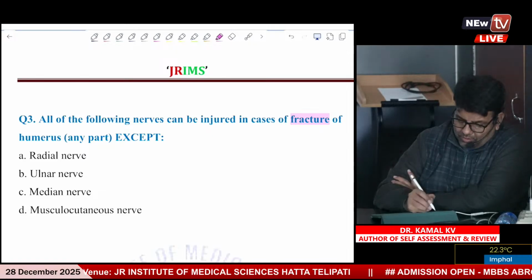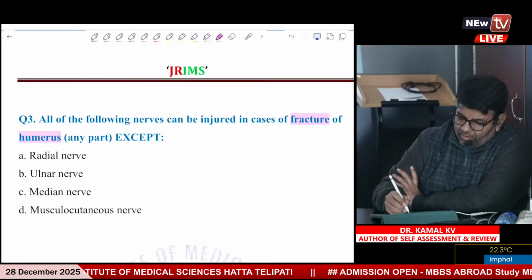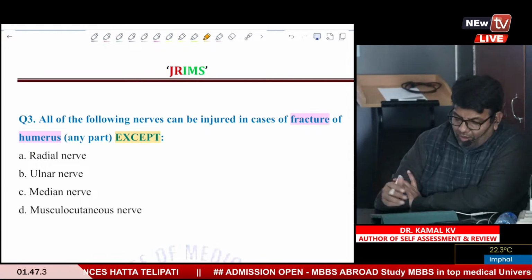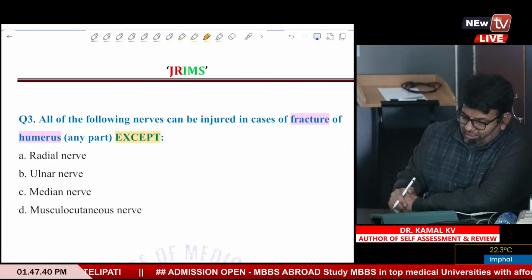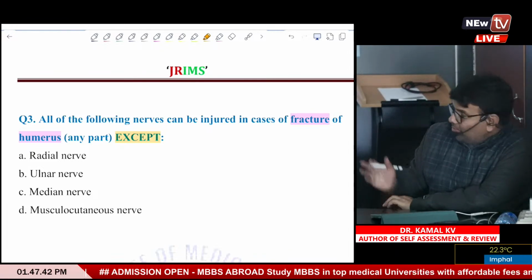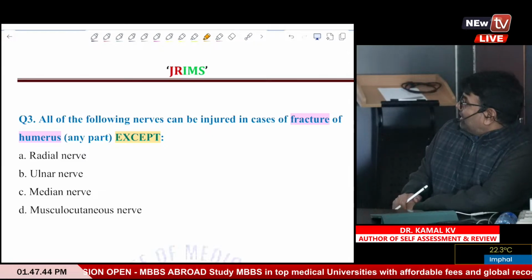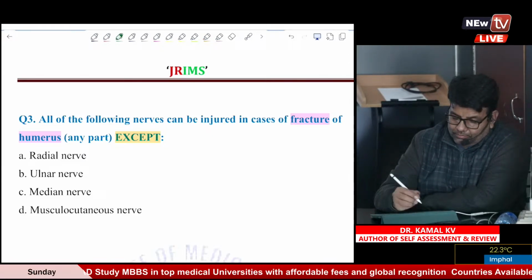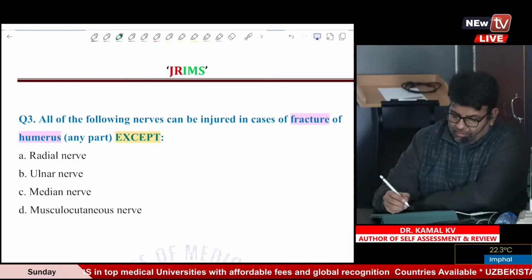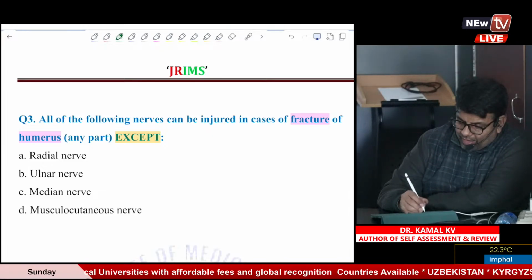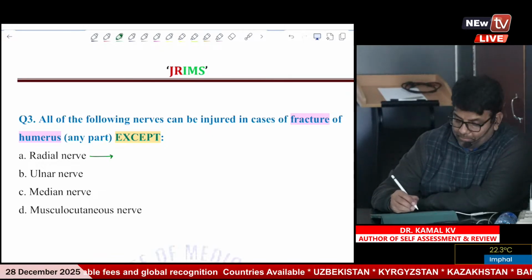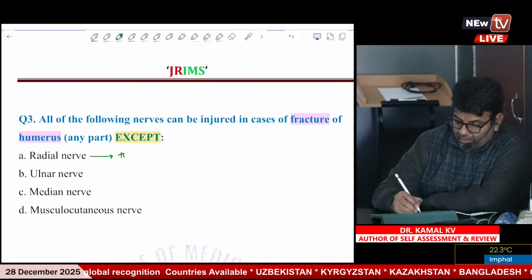Fracture of humerus, which area will not involve any nerve? Can you make a guess? What can be the answer here? See, radial nerve can be injured if there is fracture through which part of humerus?